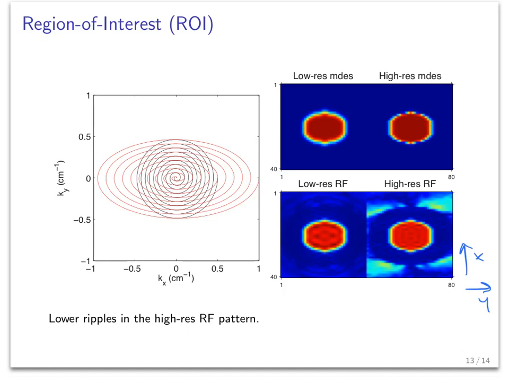And so if we try to excite that pattern using the low-res RF that has the full field of view but is a lower resolution everywhere, then you can see that we get these large ripples in the pattern, and that's because the trajectory can't quite support the relatively rapid transition in this direction that you have to make between no excitation and full excitation in the middle. Right, so it's not a high enough resolution to make that jump without a lot of rippling, and so that's why we get these bright, dark, interleaved regions inside there. So we call those ripples, right?